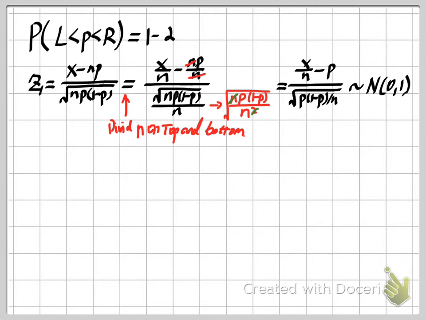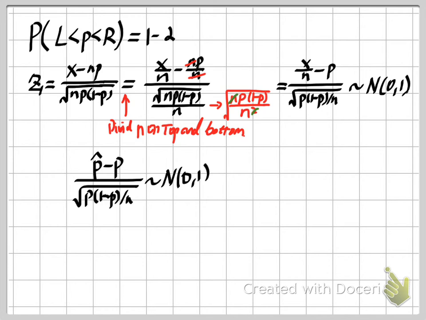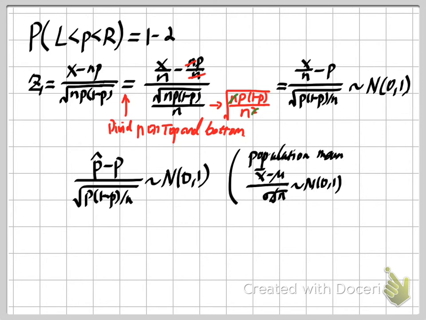Now to get our equation of the probability that P is between L and R, we can rewrite this as: our estimator of P minus the true value of P, divided by this square root, follows a standard normal random variable. If you compare this with what we have in the confidence interval for a population mean, you will find it looks very similar.